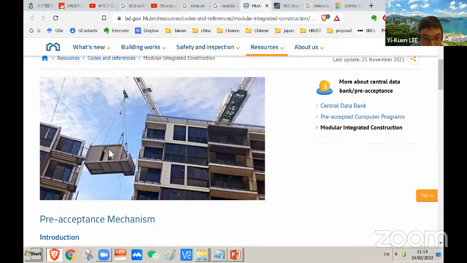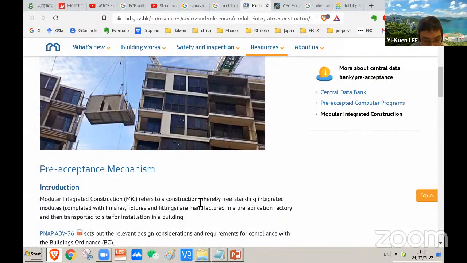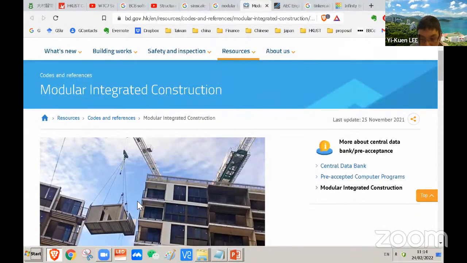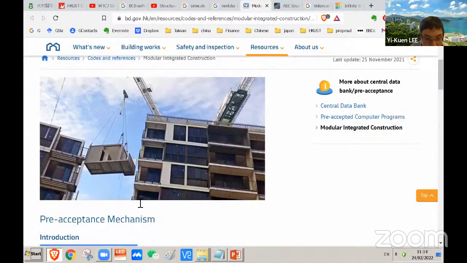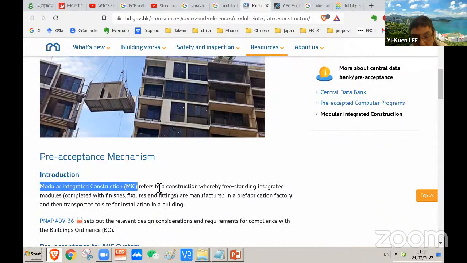If you have a precast structure and you build it in manufacturing, there's a special name, MIC, modular integrated construction, right? In the manufacturing plant, once you finish this, you move it.